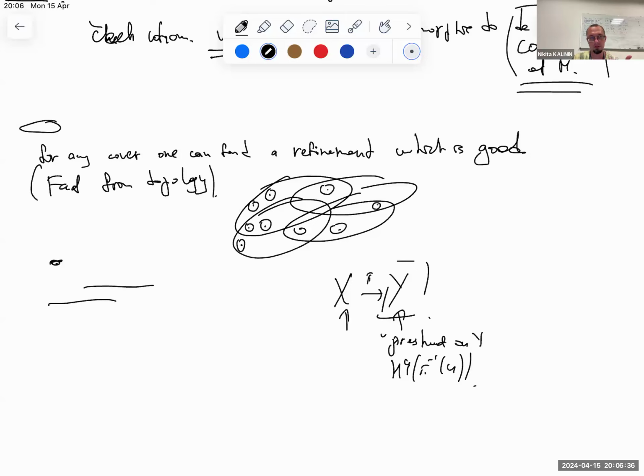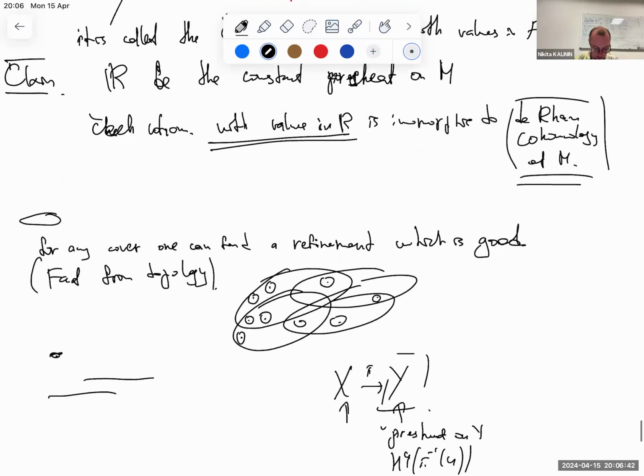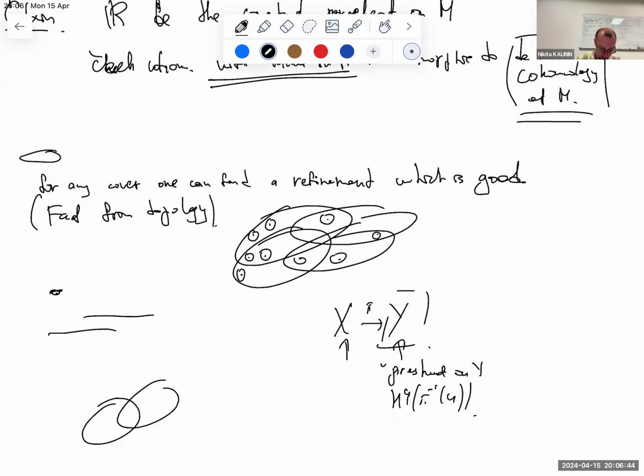Well, one way to do it is using this Čech cohomology. When you have the cover, and you know how all these forms behave, you can try to construct a form on every element of the cover such that they are glued together and so on.